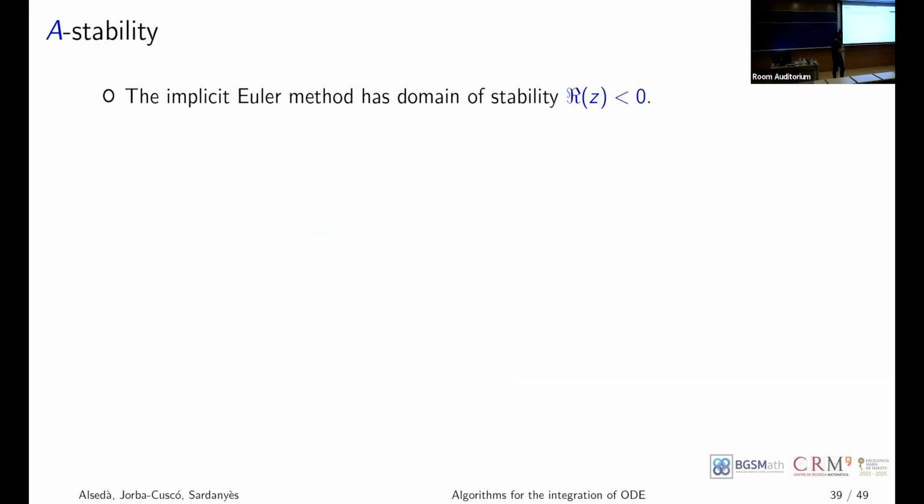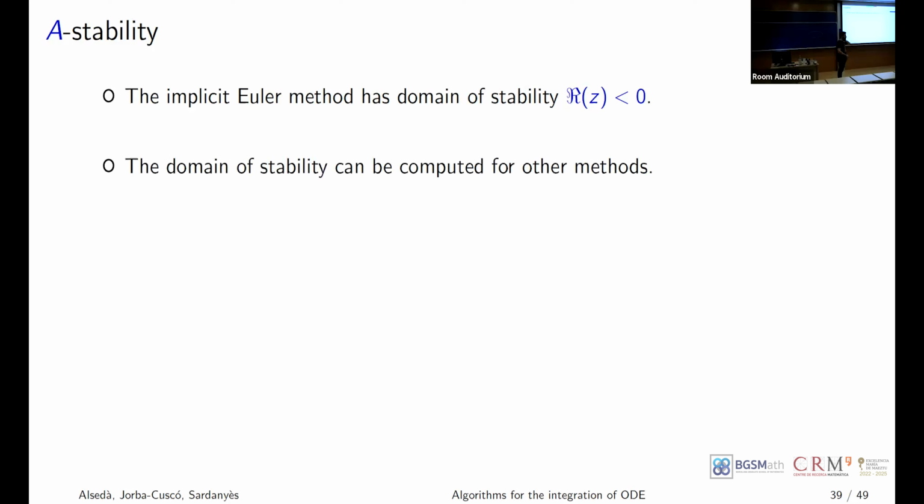And this is in fact what you use to define the stability of a method. So the domain of stability can be generalized for any other method. You can do this kind of thing. It's harder, but you can do it as well: compute the domain of stability for Runge-Kutta methods, for linear multi-step methods, and check for that.